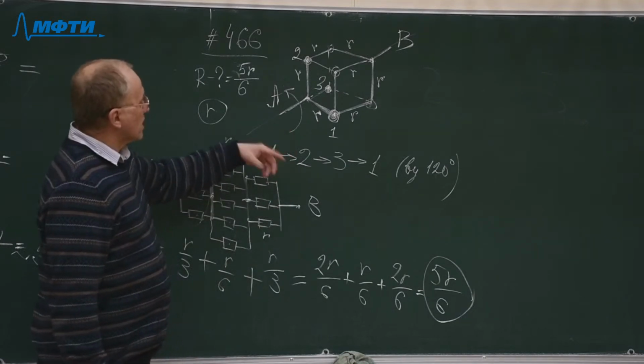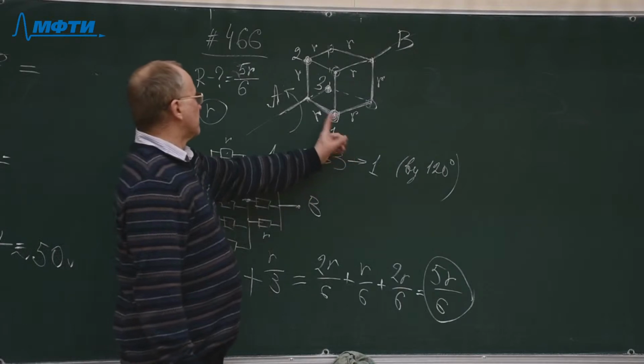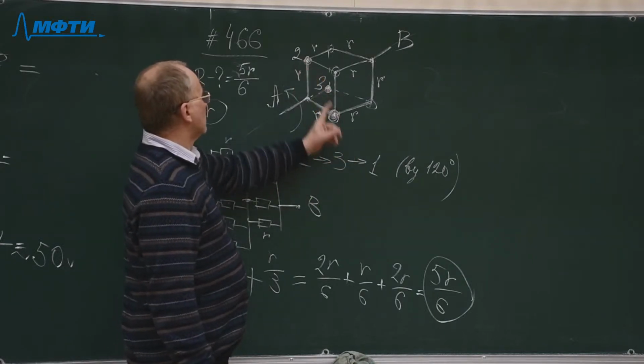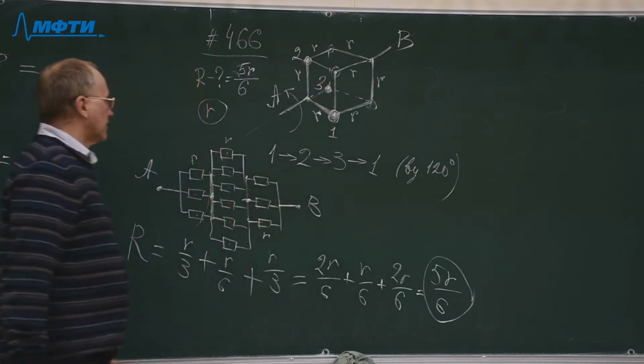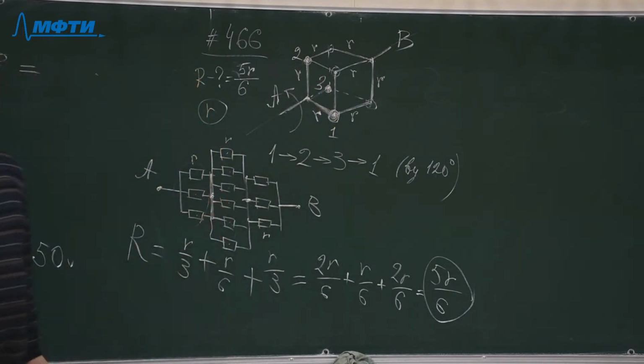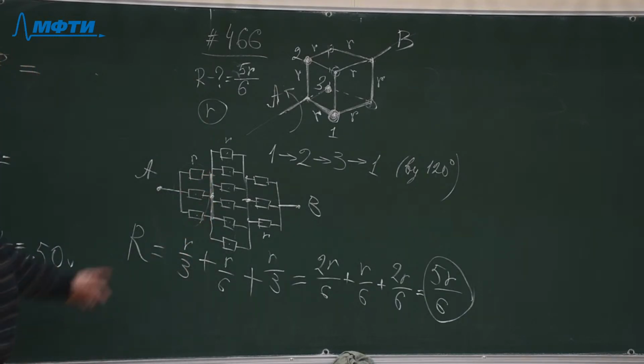These considerations of symmetry allow us to understand that the potential difference between these 3 points, 1, 2, 3, is 0. All these points are at the same potential, and that is why we can connect them by a wire, and that is actually a single point in the circuit.